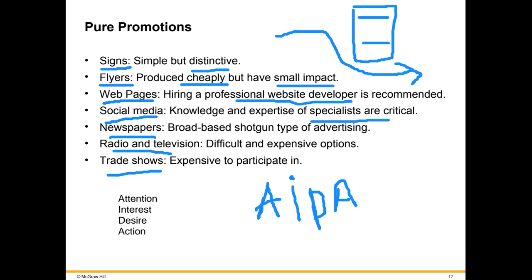Newspaper, we are all familiar with how the advertisements are portrayed. This is like broad-based shotgun type advertising, and you have to understand your business nature. They can be a bit costly. Radio and televisions are difficult and expensive options, and trade shows, again, are expensive to participate in.